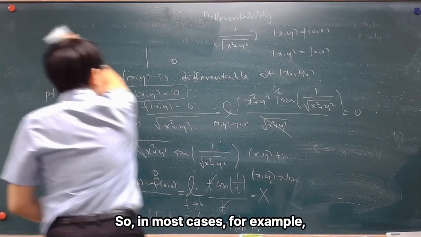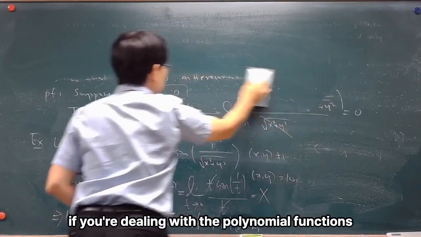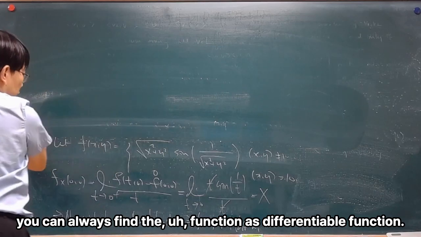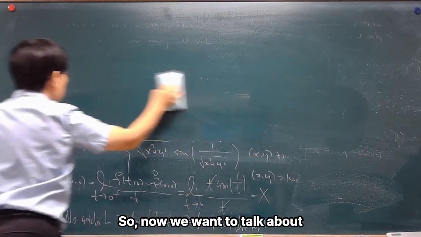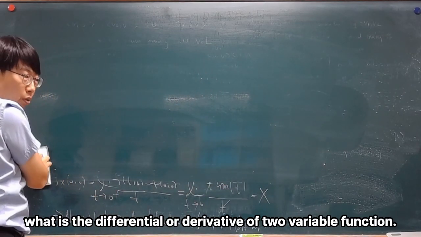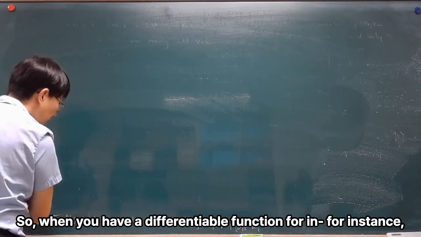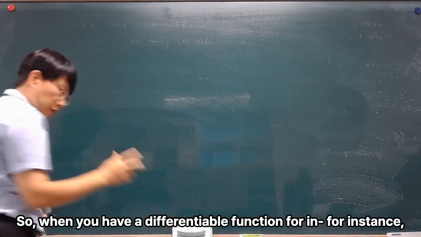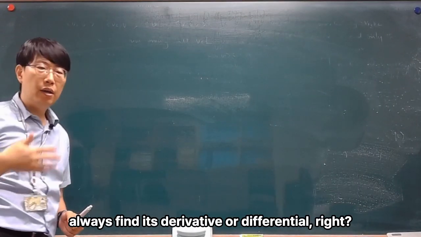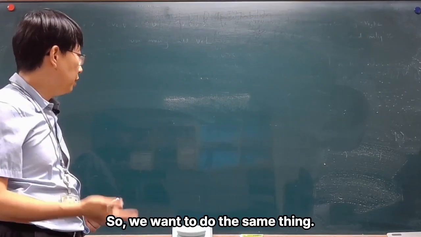In most cases, for example, if you're dealing with polynomial functions or exponential functions, you can always find the function to be differentiable. So now we want to talk about what the differential or derivative of a two-variable function is. When you have a differentiable function, for instance in the single variable case, you can always find its derivative or differential, right? So we want to do the same thing.